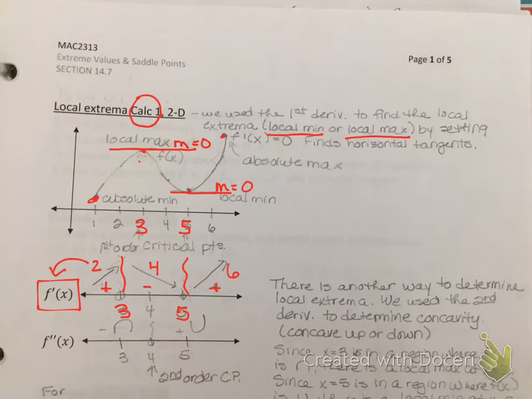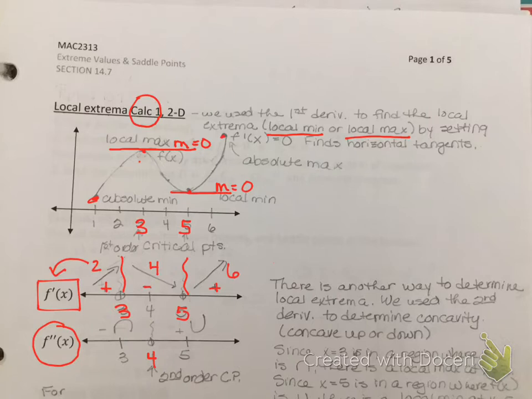There is another way to determine local extrema. If you remember from Calc 1, we would often use the second derivative to find concavity. If you tested something in a second derivative's factored form, using a second order critical point, and tested regions, you found whether the function was concave up or concave down.